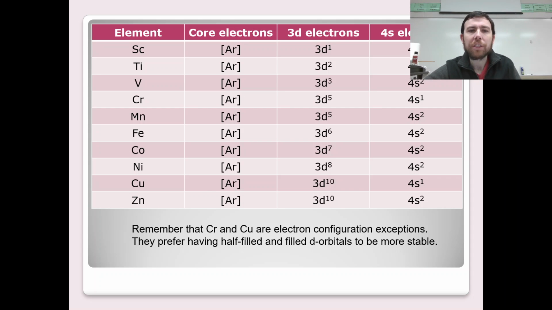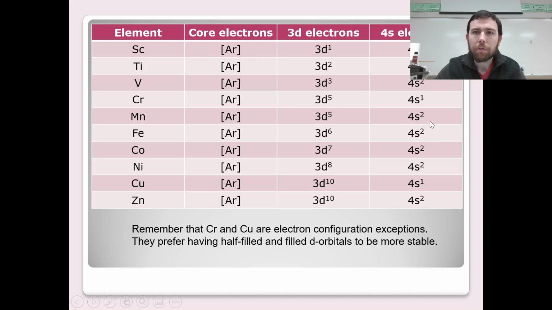All right, and so if you just take a look here, I'm not going to go over everything that's here, but I've given you the elements that are in that D block, given you their core electrons, and then shown you their electron configurations, right? The only thing that I would draw your attention to is don't forget that chromium and copper are slightly different.